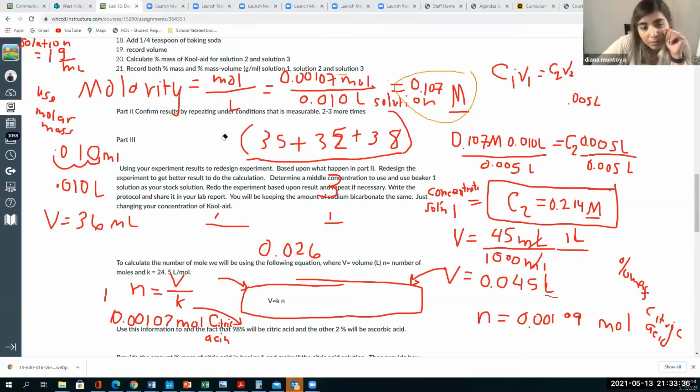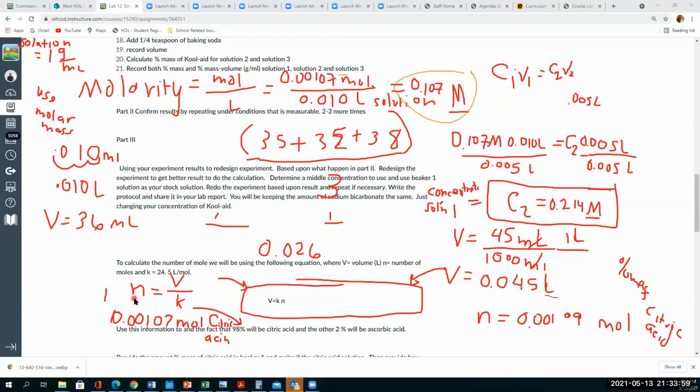I said we use this equation over here, right? Wait, I don't know what I did wrong, but I used that calculation and I put the volume, so it'd be 0.045 over the constant.